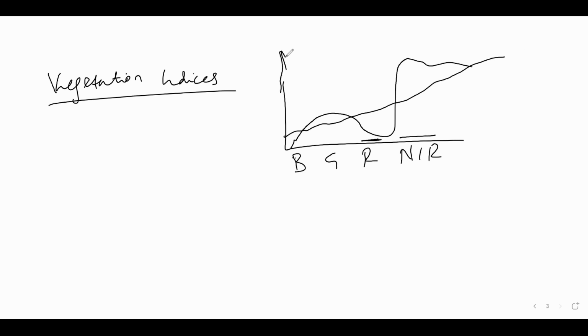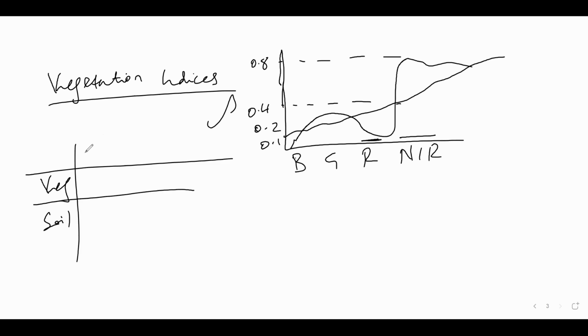I also like giving a fictitious figure. So I say this is 0.8, here is maybe 0.4, 0.2, 0.1, and this is our reflectance. Say vegetation and soil in red.